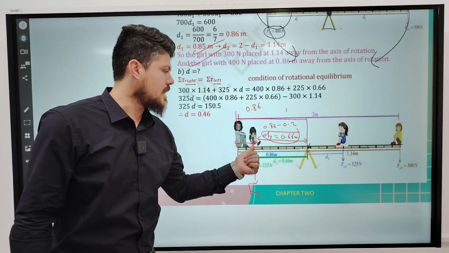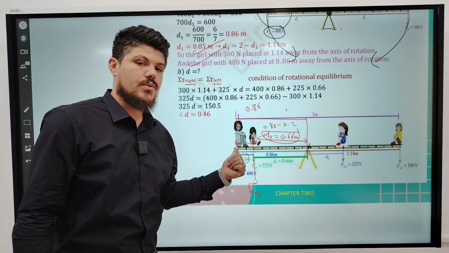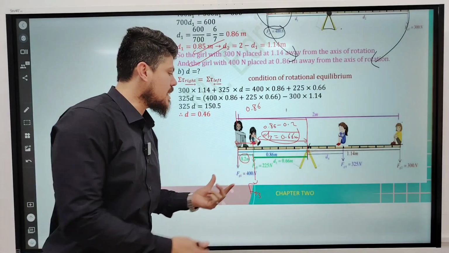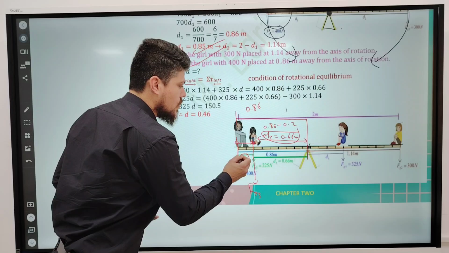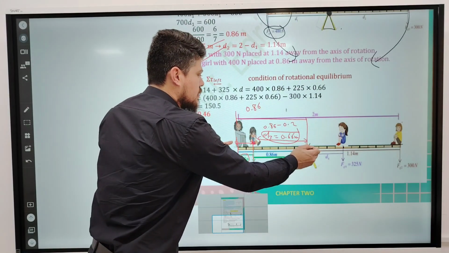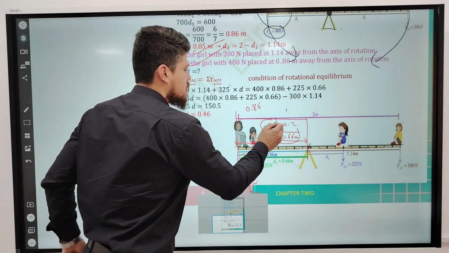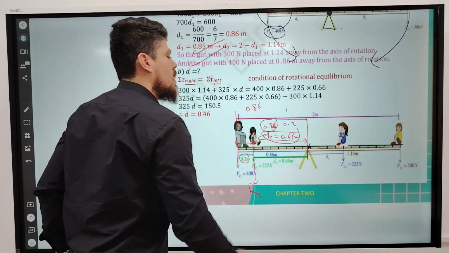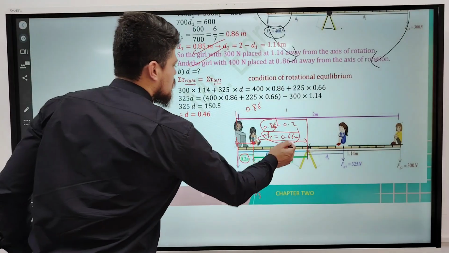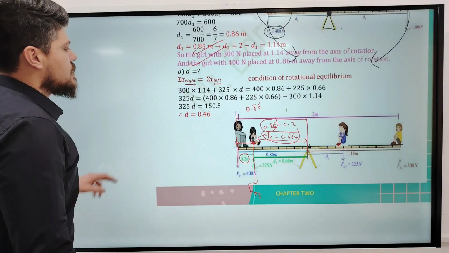Because we need the distance of the third child from the axis of rotation, not from the child with the 400 Newton, okay? This distance was given as 0.2. So the entire distance from the child of 400 Newton to the axis of rotation, we found 0.86, okay? So we have to subtract 0.86 minus 0.2, which is equal to 0.66 meter.